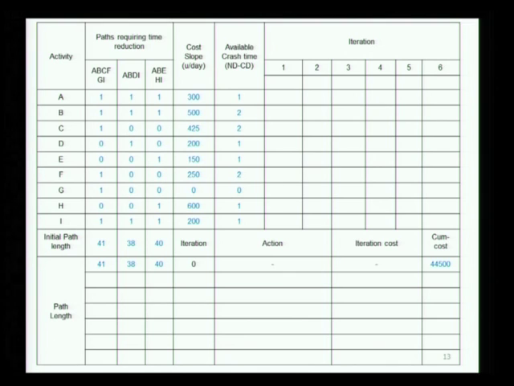The path length is what is given at the bottom, the length of each path. So our base is the length of each path, and we know that G cannot be crashed any further, so we are putting an X, and this is the total cost of the normal duration activity.